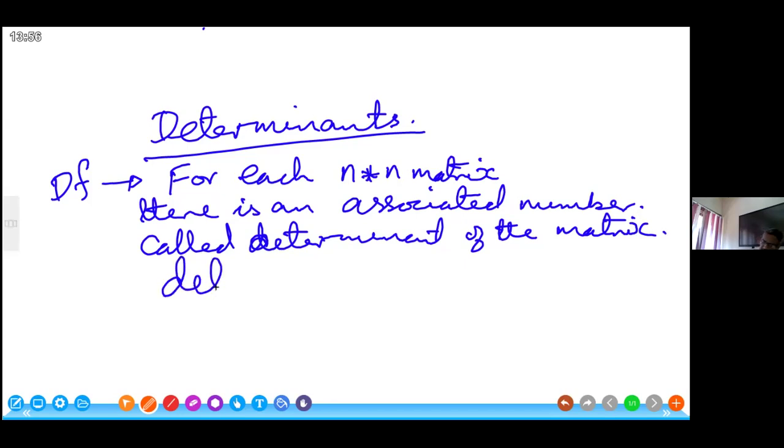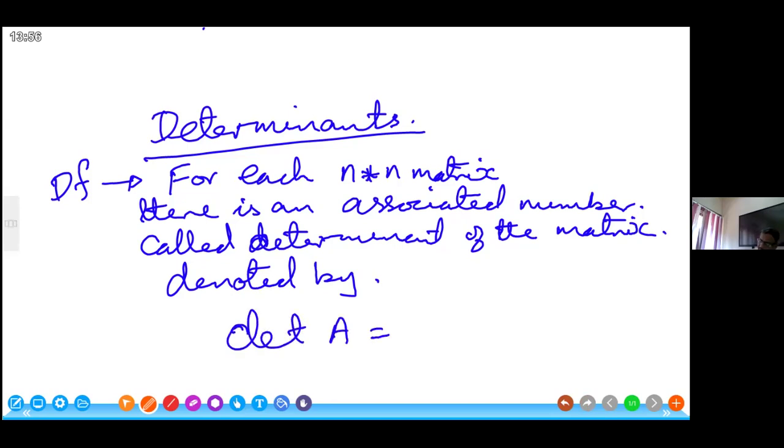Denoted by determinant of A, this is how we write.